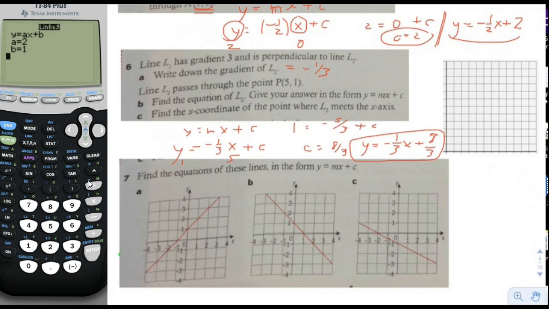Find the x-coordinate of the point where L2 meets the x-axis. Okay, and remember that there's a couple ways to do this. One is you set y equal to 0, and you figure out what x is going to be then, or you could use the calculator function. So we're going to put negative 1/3 x plus 8/3.